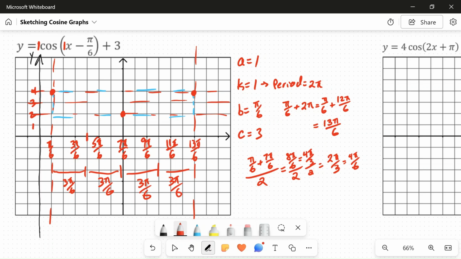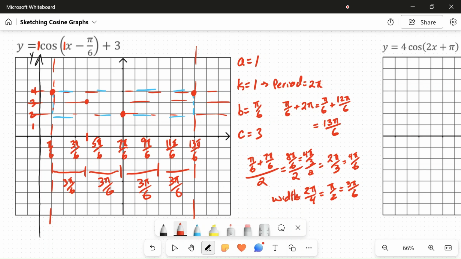We can also compute that if we know the period is 2 pi, and we divide it by 4. So 2 pi over 4 would be pi over 2. But if I want to write that in terms of sixes, that would be 3 pi over 6. So again, that's the width of each of these. Using the one we did before, take the period over 4, so 3 pi over 6.